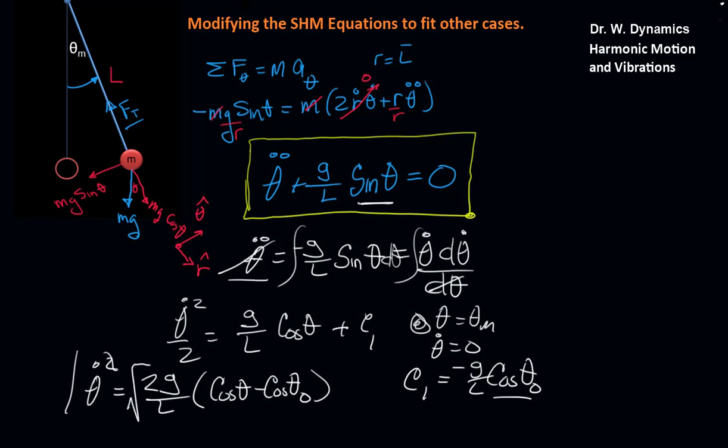And we can take the square root of that. And that gives us a value for omega at any given point.